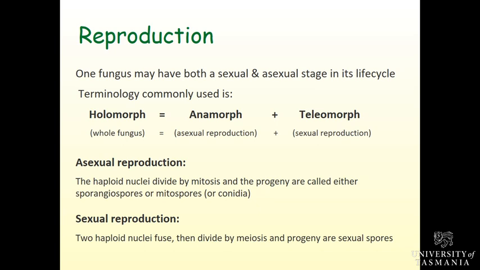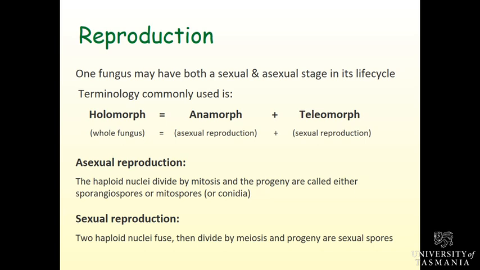If it was completely asexual reproduction, it would have limited genetic diversity and limited ability to adapt to a changing environment. Because many of them have a sexual stage, that allows them to be more genetically diverse, exchange genetic material, and adapt.